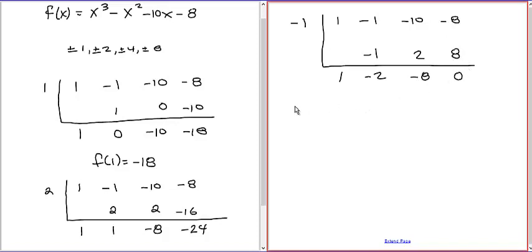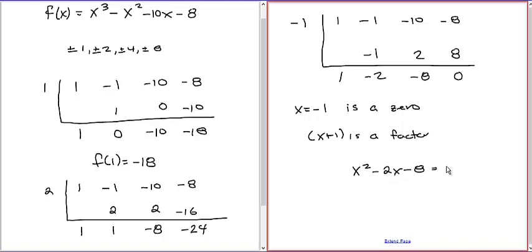So what we can say is x equals negative 1 is a 0, and x plus 1 is a factor. We can also say that what we have left over is this quadratic, x squared minus 2x minus 8.